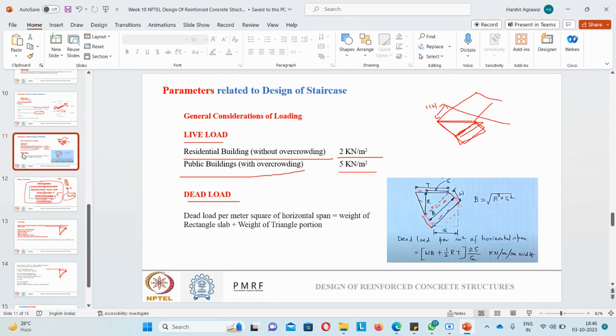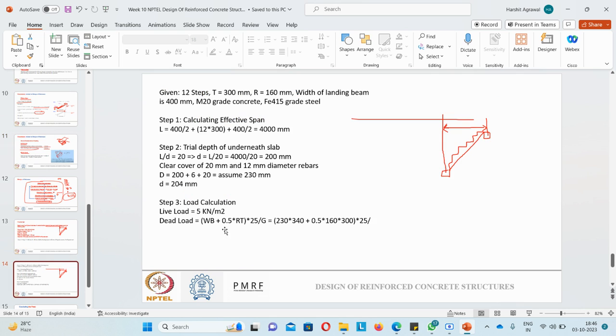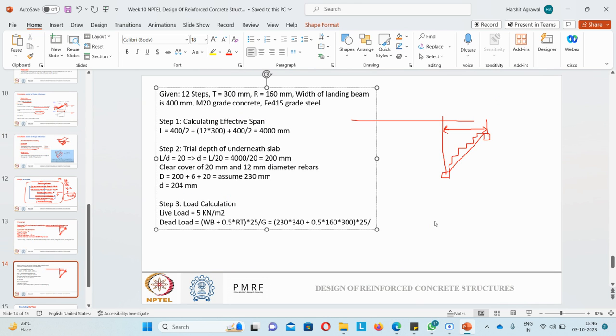Just let me clarify once. 25 kilonewton per meter cube, and G is the going. So we are calculating per meter width, so this will give me kilonewton per meter width. The going length G is nothing but 300 again.